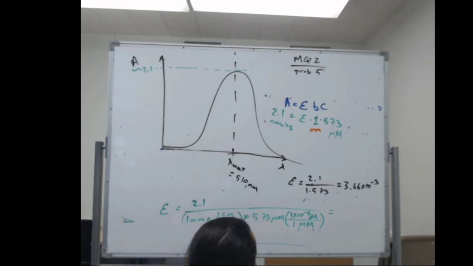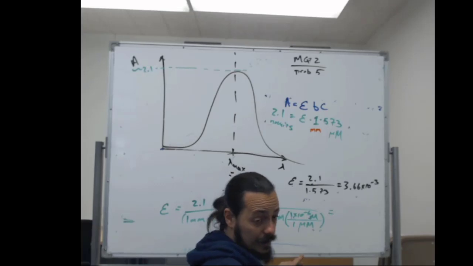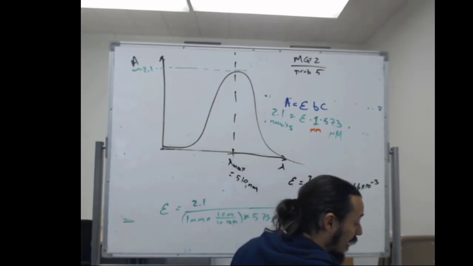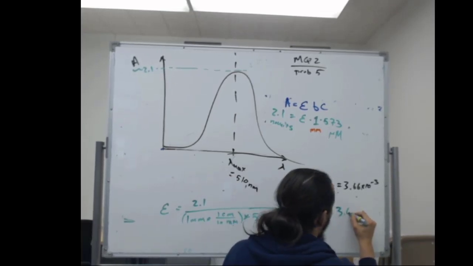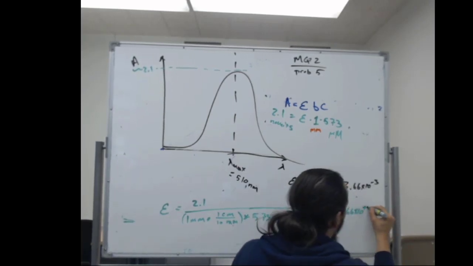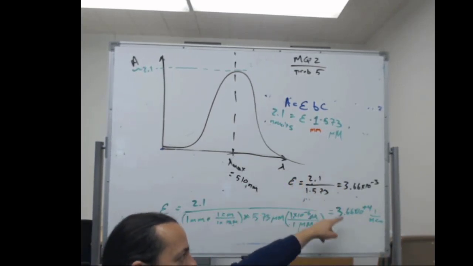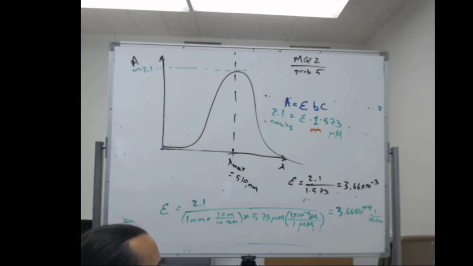And then, if I did my calculations correct, there's 3 people here, I encourage all 3 of you to do these calculations as well. 3.66 times 10 to the positive 4. I got my units scrunched in there, but notice the only thing that changed is that order of magnitude, and now we're at 36,000 instead of 0.0036.